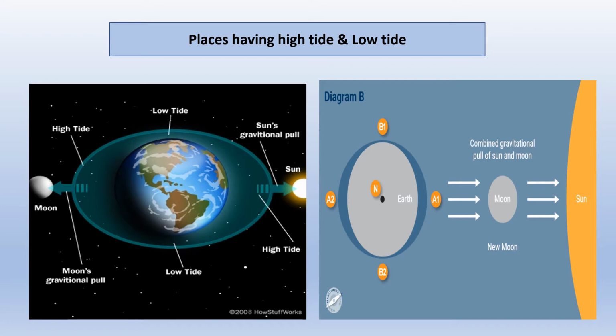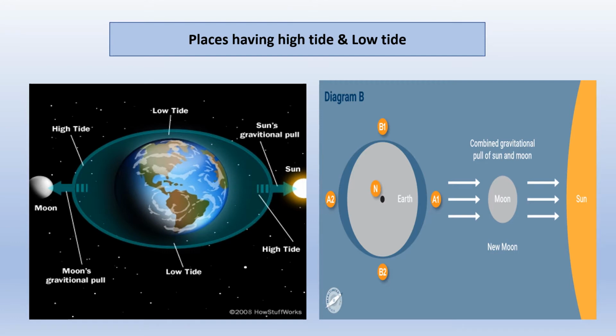The diagram in front of you tells us that at places A1 and A2 we have a high tide, either from the combined gravitational pull of the sun and the moon, whereas places B1 and B2 have the low tide. The high tide and the low tide occur as a daily movement of the water. It is a very natural phenomenon.